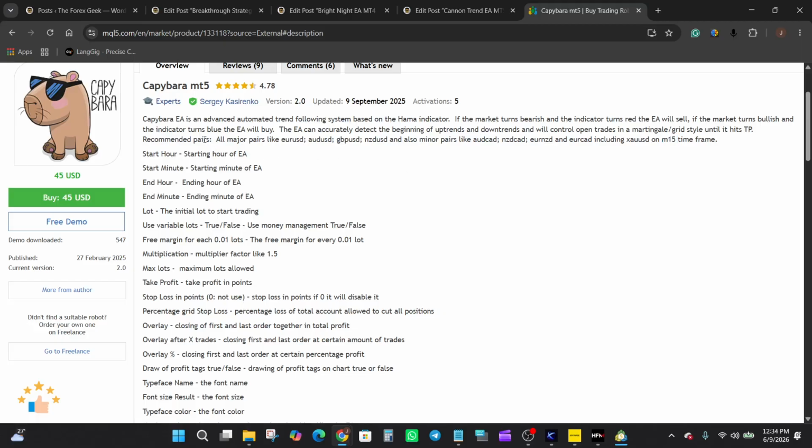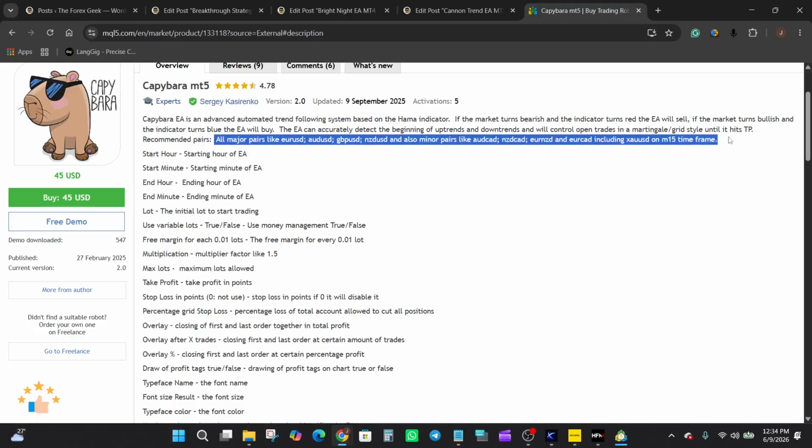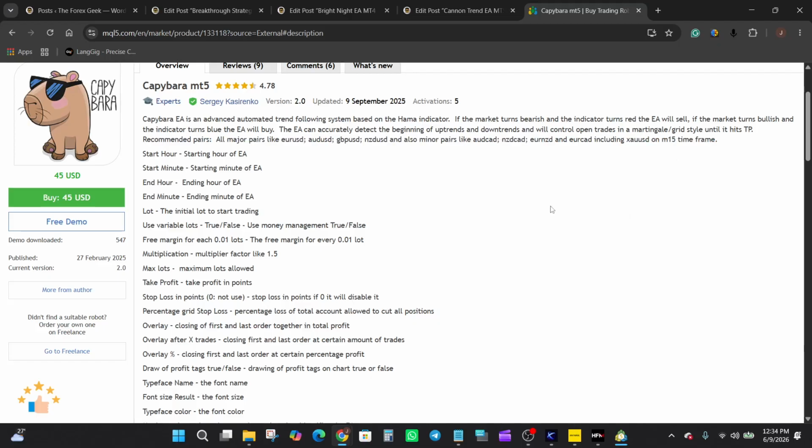All right, so we can see all the recommended pairs mentioned here: the major pairs, the minor pairs, and including XAU USD. So this already gives a clear idea that the system is intended to work across both Forex and gold, but on lower time frame conditions.